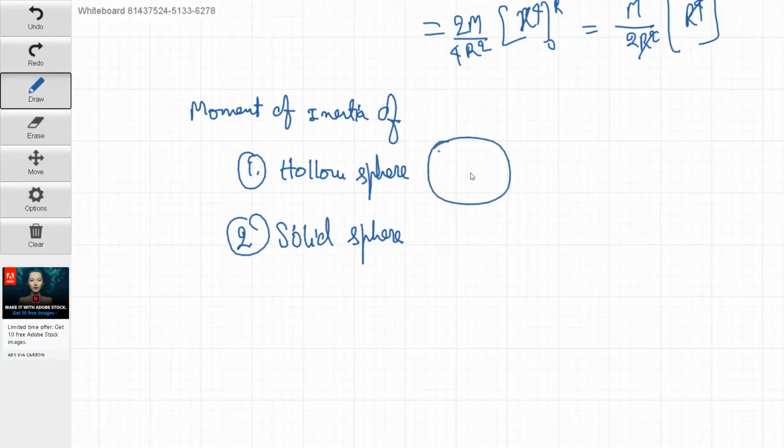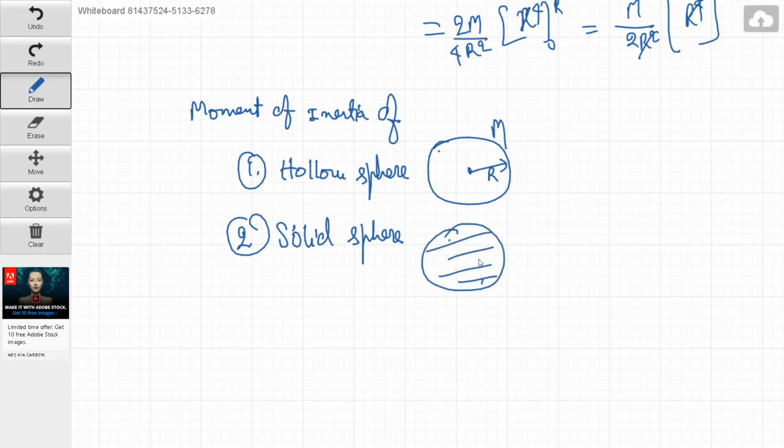Hollow sphere is this one. Its radius is r, mass is m. Solid sphere is this one. It also has radius r, mass is m.